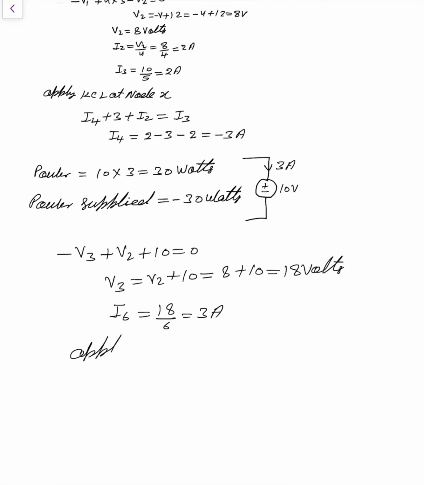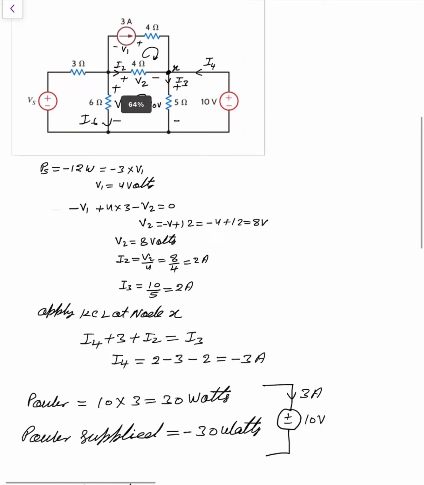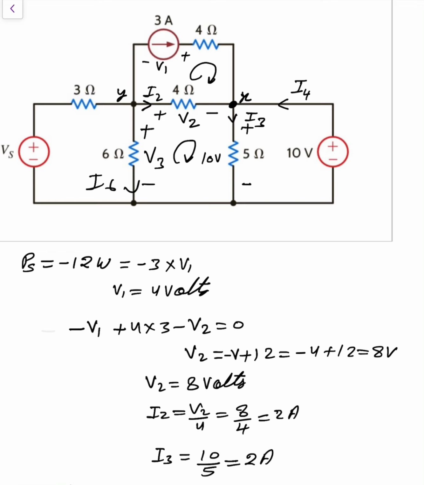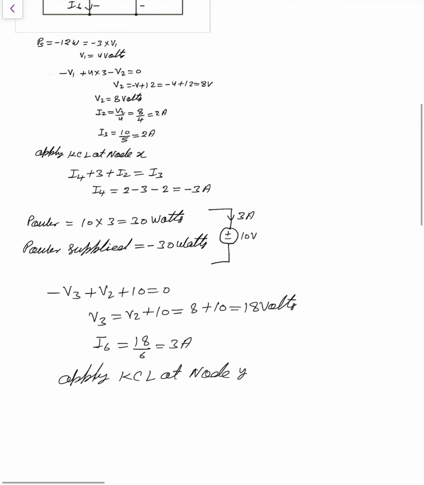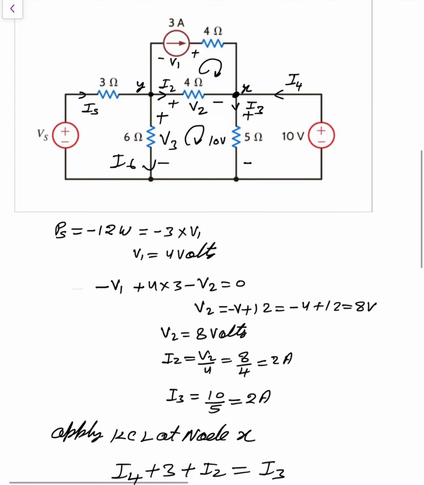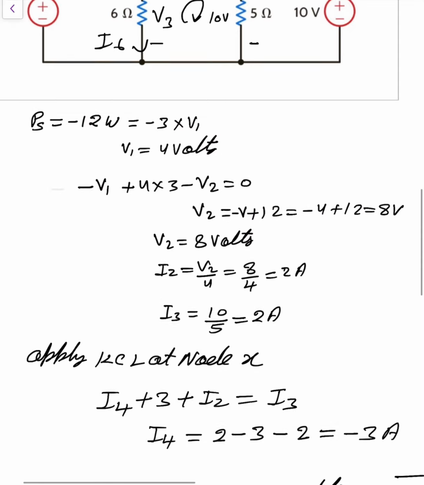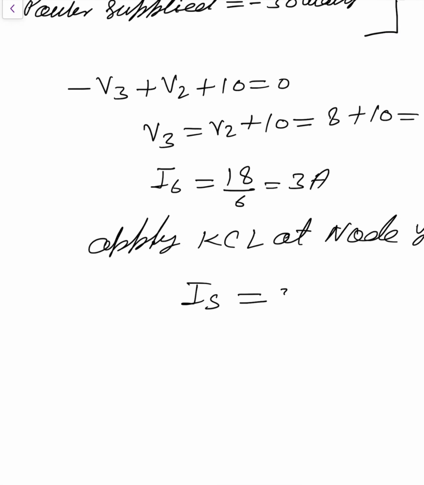Now apply KCL at node Y. Suppose that node is Y. The incoming current is Is from the current source. Is is written as the outgoing current: 3 ampere, I6 and I2.